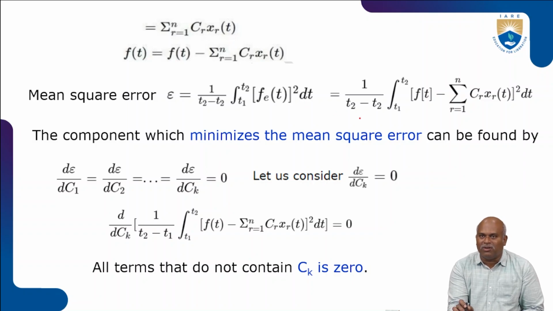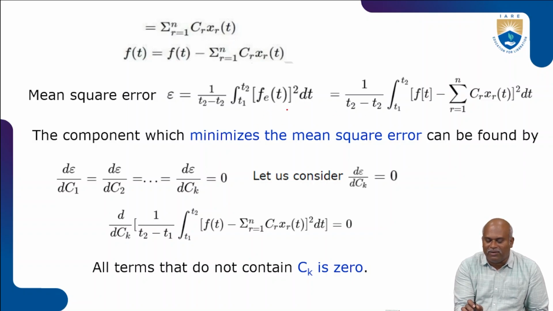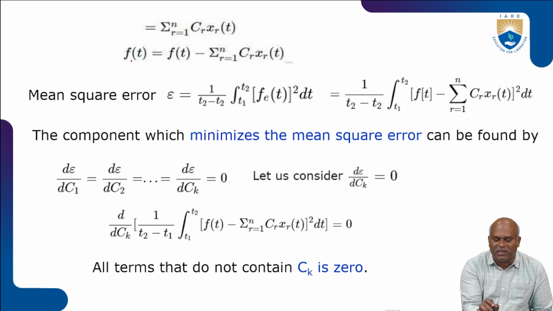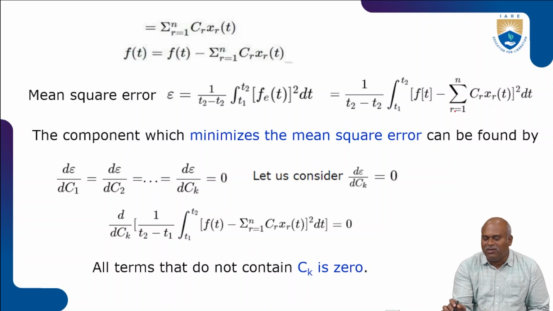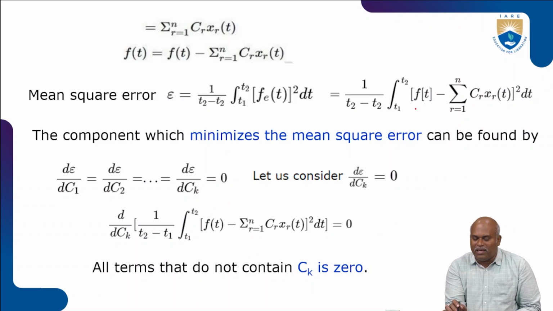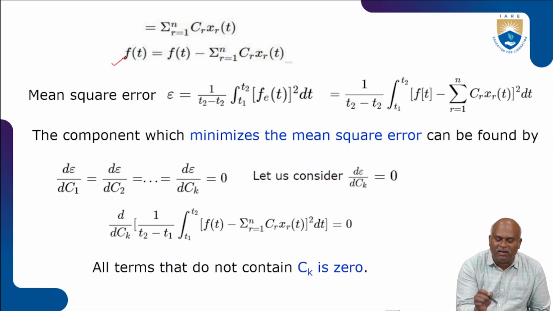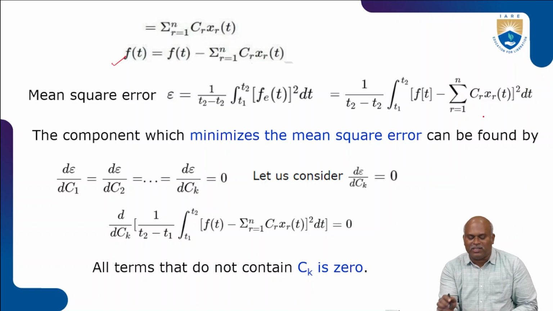Substituting for fe of t, this is 1 by t2 minus t1 integration of t1 to t2 of f of t minus the summation of r equal to 1 to n of cr xr of t, whole square, dt. This is what we call the error value.